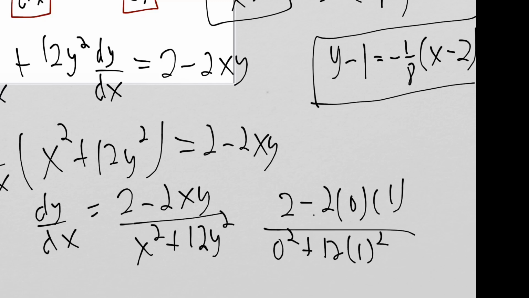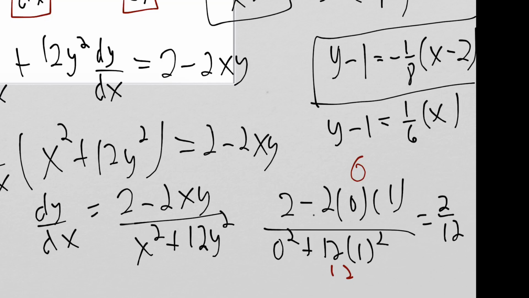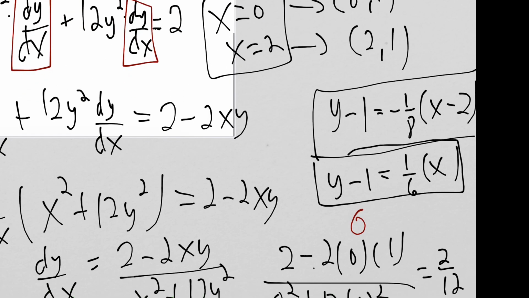Okay, so this is going to be 2 minus 0 over 0 plus 12. So then that's going to be 2 over 12, which obviously simplifies to 1 over 6. So now for our other tangent line, it's going to be y minus 1 equals 1 over 6 times x minus 0. We can just write like this, 1/6x. So then that is our equation of our tangent line at 0, 1.